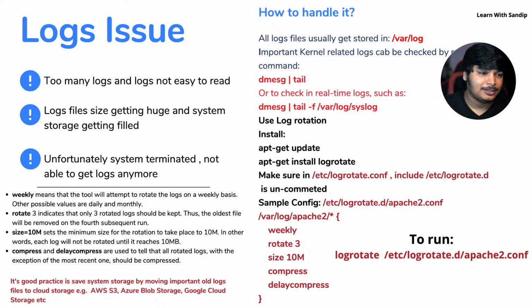After that you just create one file, /etc/logrotate.d/apache2.conf, inside that directory, and there you configure the rules for maintaining the Apache logs. Okay, so /var/log/apache2 is the folder where you have all the Apache related logs.